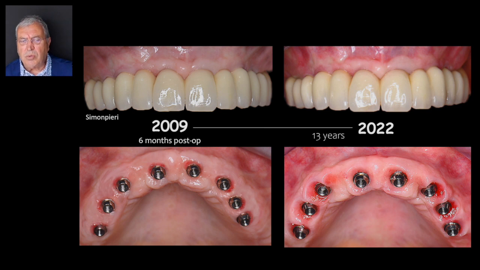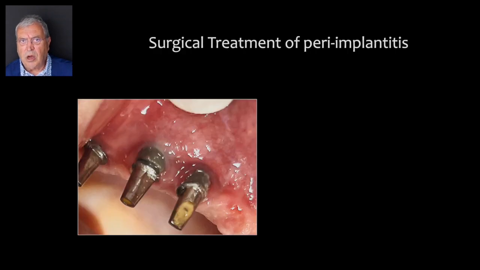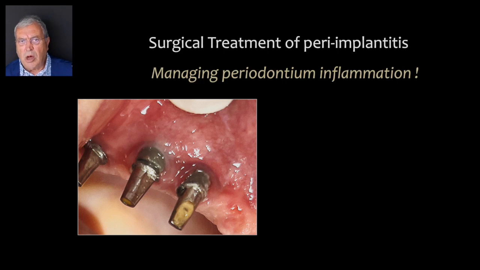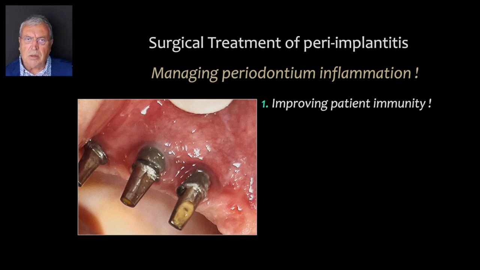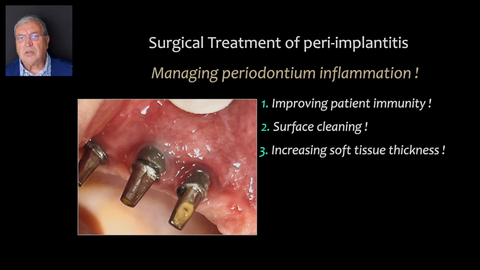Then we can talk about the treatment of peri-implantitis. It could be surgical, then it will be only a management of the periodontium inflammation. First, you should start by improving the patient's immunity, cleaning the surface of the implant, and increasing the soft tissue thickness.